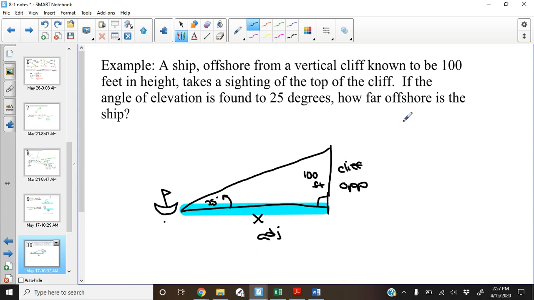So we're going to be doing tan of our angle, 25 degrees, equals opposite over adjacent, so 100 over x. Now again, just like yesterday, we need to multiply by x on both sides, but then I need to get rid of tan of 25, so I'm also going to divide by tan of 25.